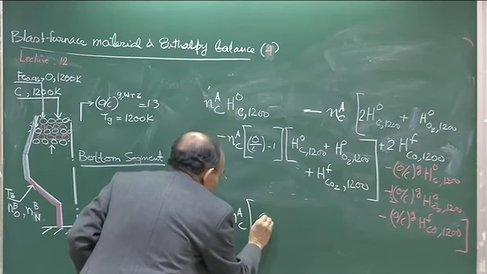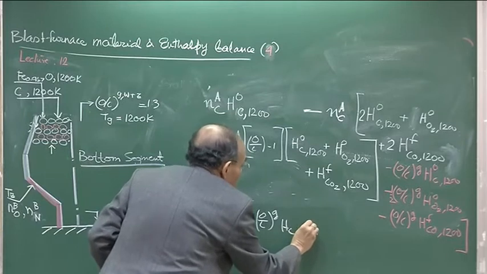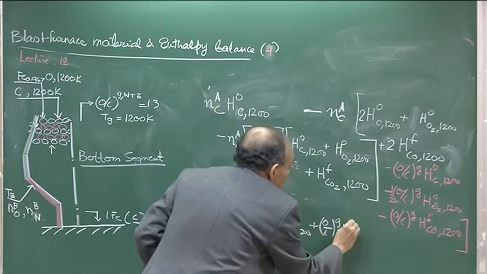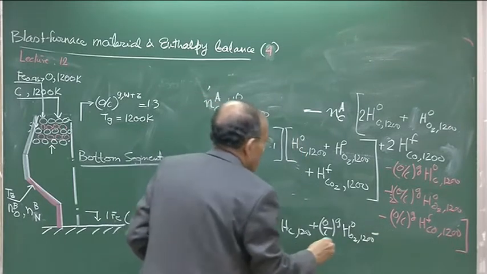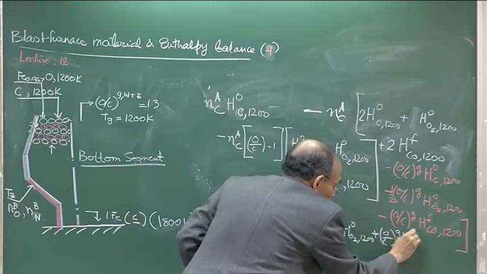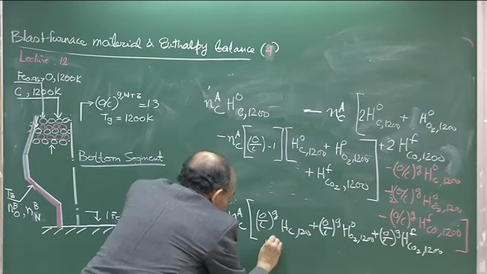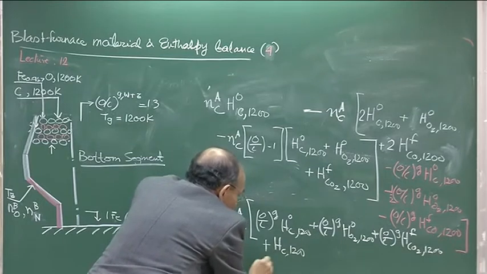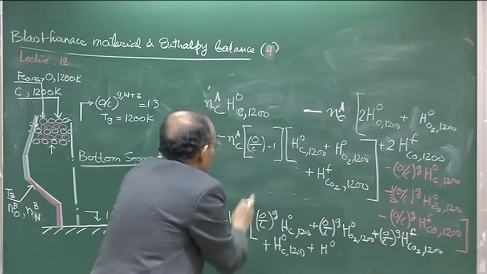First we multiply. So, we see O by C gas into Hc 1200 plus O by C gas into H naught O2 1200 plus O by C into heat of formation CO2 1200, and there are 3 additional terms, and that is going to be just Hc 1200 plus H naught, and these are going to be all minus.